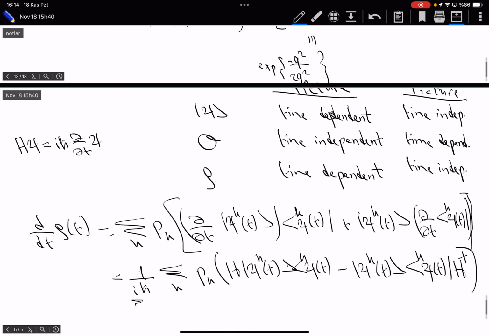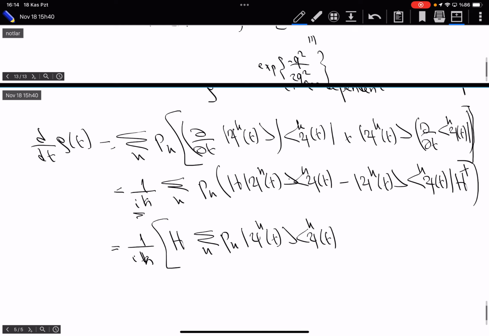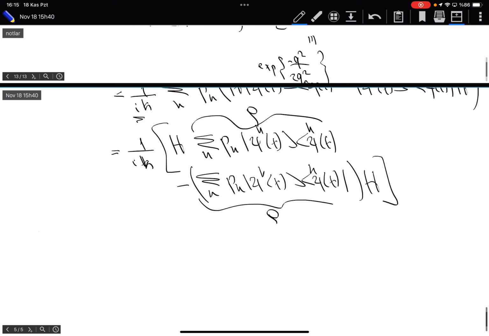Well, H dagger is H, so this is just 1 over i h bar, H acting on this operator from the left, minus that operator multiplied with H from the right. But this is nothing but rho. So the time derivative of rho is 1 over i h bar, the commutator of H with rho.